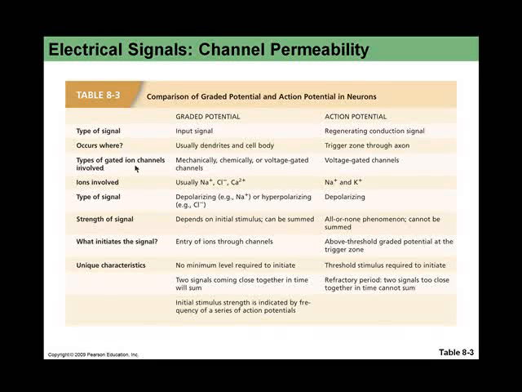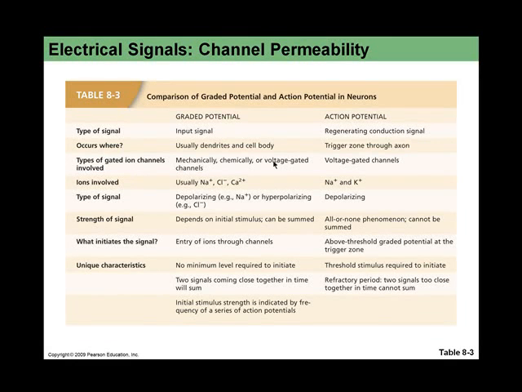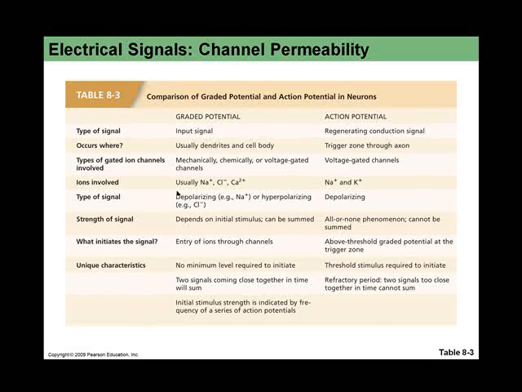So there are types of gated ion channels involved, so mechanically, chemically, or voltage gated for the graded, mechanical for our sensory receptors predominantly, but some chemical, like taste and olfaction. Then the voltage gated channels, but chemically we typically think of neurotransmitter or neurohormone. The voltage-gated channels we've talked about, and we'll see much more about that.